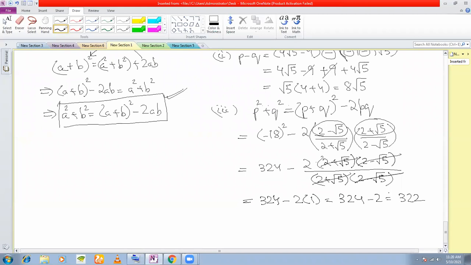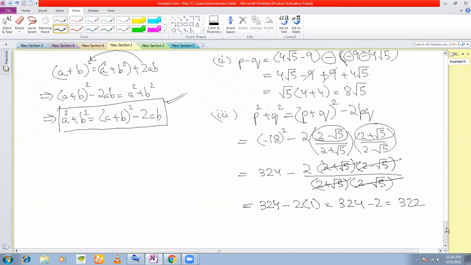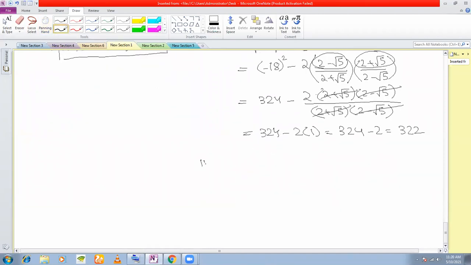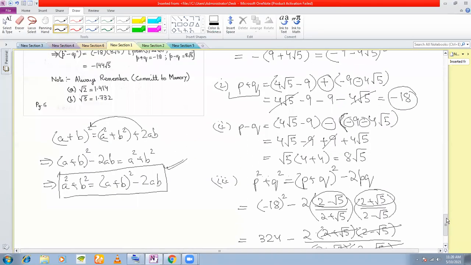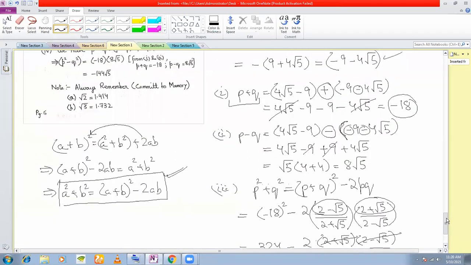Okay, and now we work out the last one. The last part is P square minus Q square. This is very easy. This is A square minus B square form. And you know A square minus B square is A plus B into A minus B. And P plus Q and P minus Q, you have already found out the value, isn't it? In part 1, you found the value of P plus Q. In part 2, you found the value of P minus Q. Just put it here.